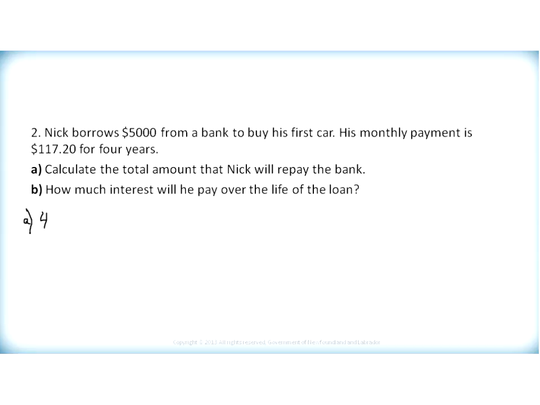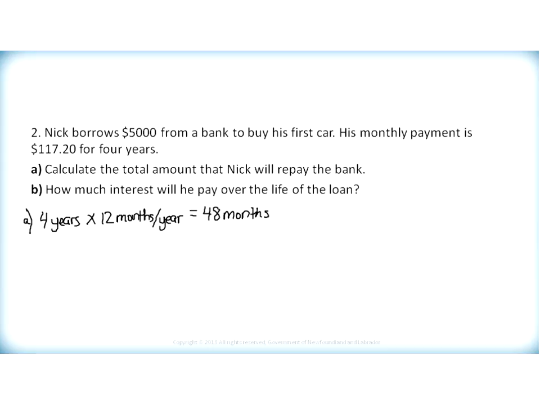So 4 years, he's doing this monthly, of course, times, again, 12 months in a year. That works out to 48 months. So he's paying back his $5,000 loan over a 48-month period.